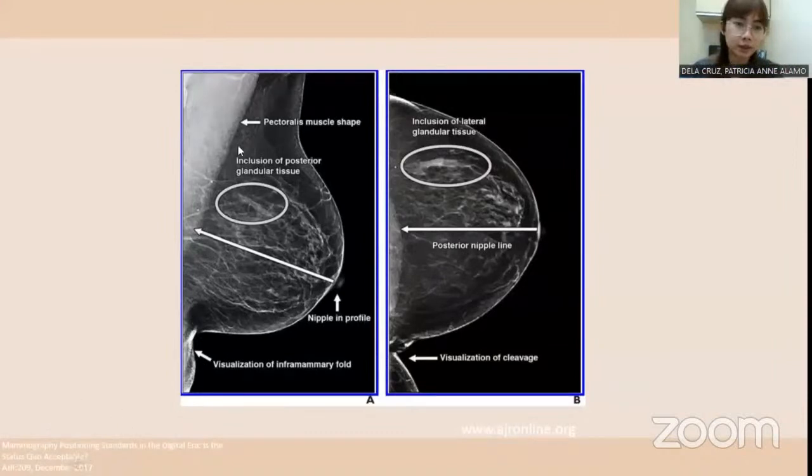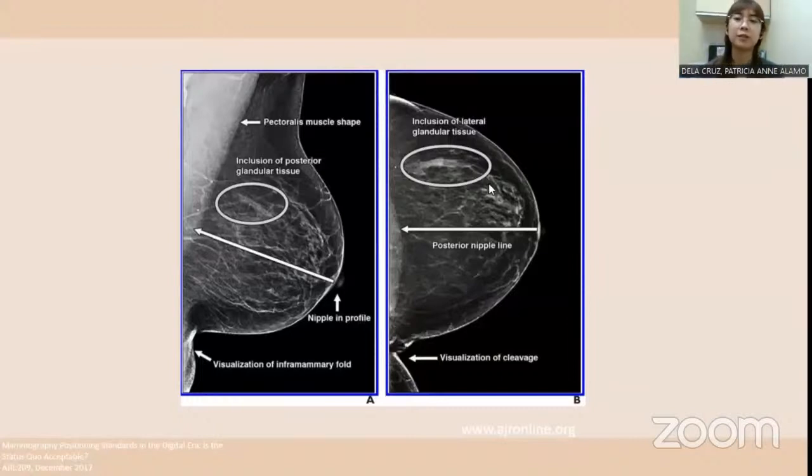So here we can see the posterior glandular tissue and your nipple in profile, and the visualization of inframammary fold. If you have a visualization of inframammary fold, that means you got the lower quadrant of the breast.